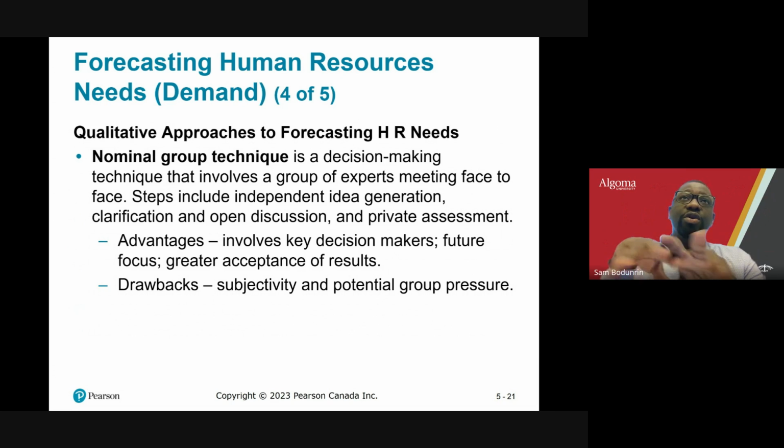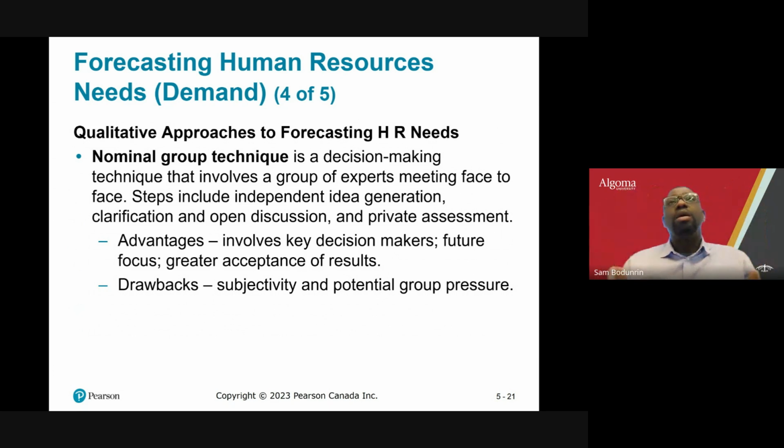So the first one is nominal group. All right, nominal group technique is the kind of technique where we have the gathering of subject matter experts. It can be in a meeting, somebody is facilitating, and all the managers are talking based on experience. We need more, we need this, we need that, and they deliberate on it.